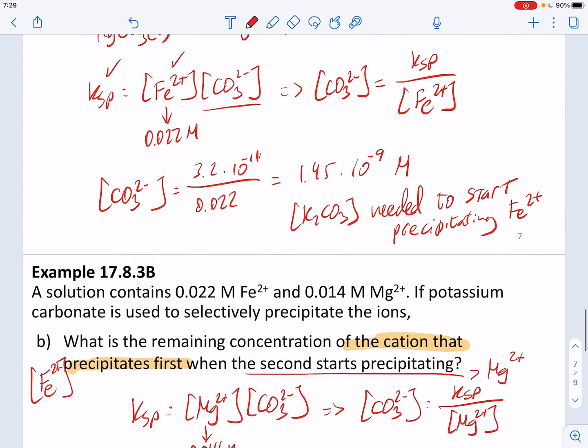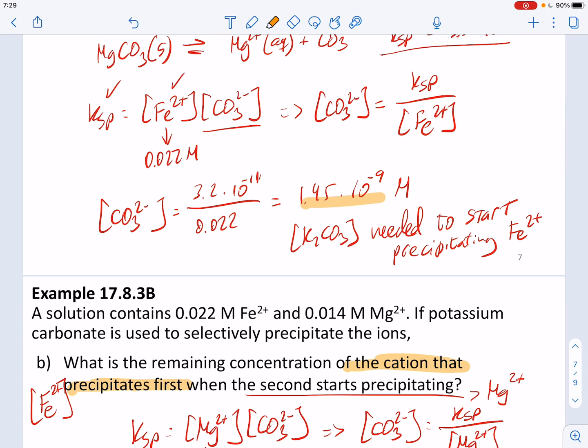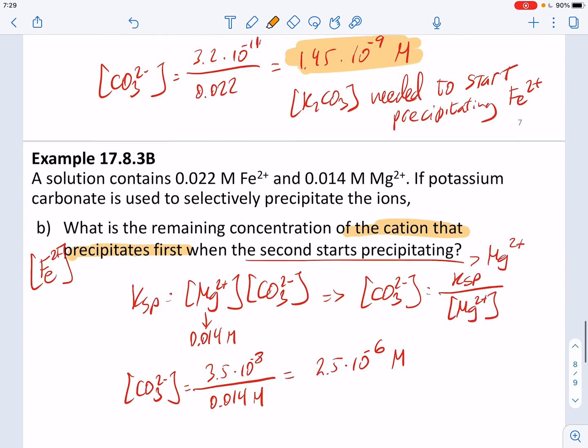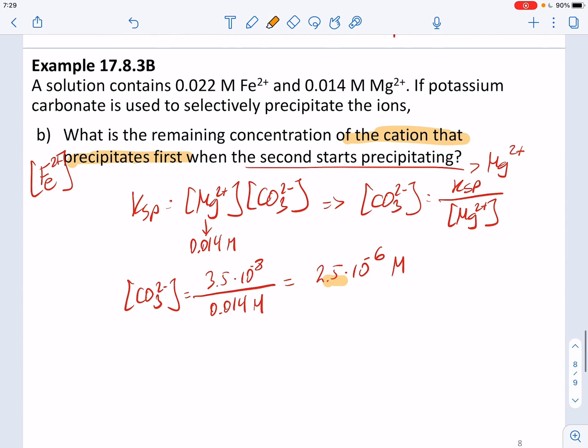So you went from 10^-9, where you started precipitating iron, and when the concentration of carbonate reaches 2.5 × 10^-6, then magnesium starts precipitating.